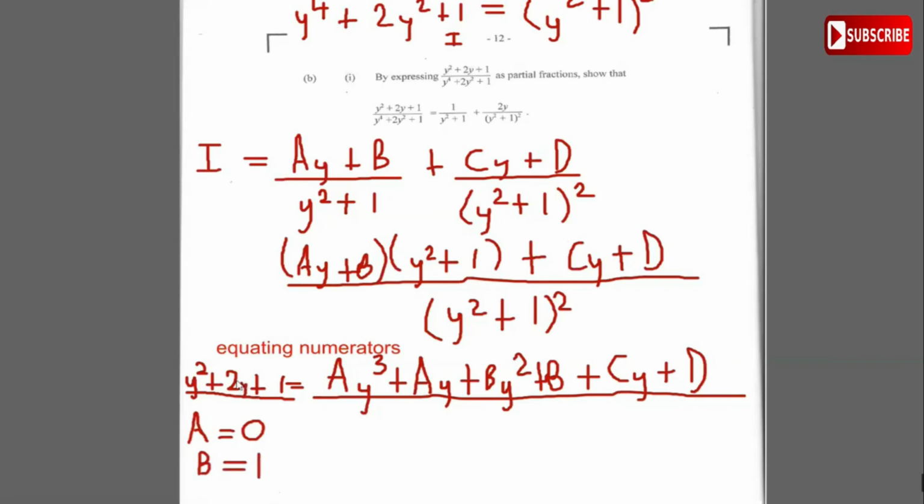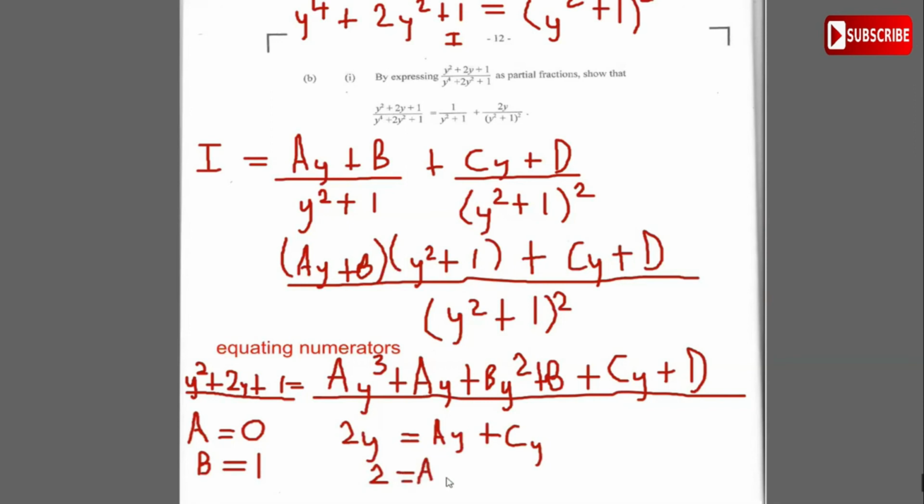Then equating the y terms, we're going to see that 2y is equal to ay plus cy. And if 2y is equal to ay plus cy, then if we divide through by y, we get 2 is equal to a plus c.